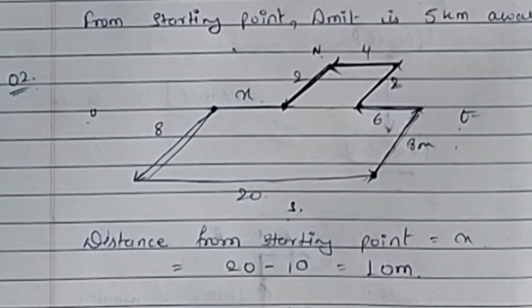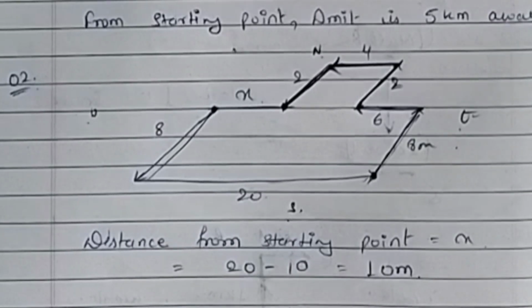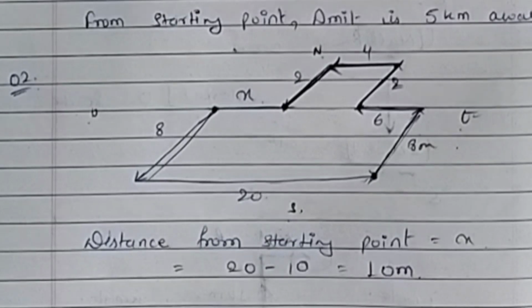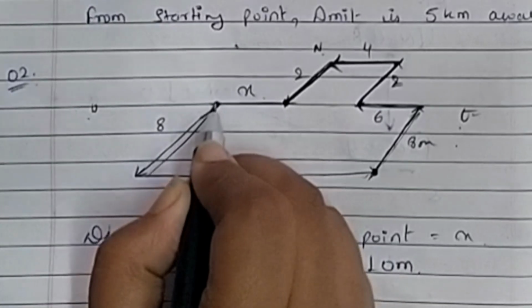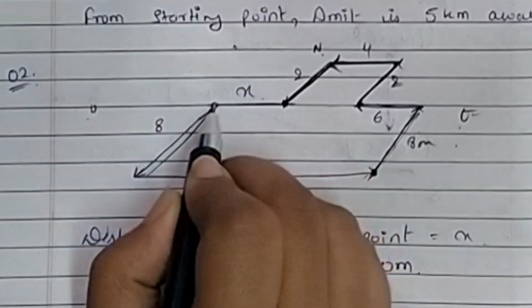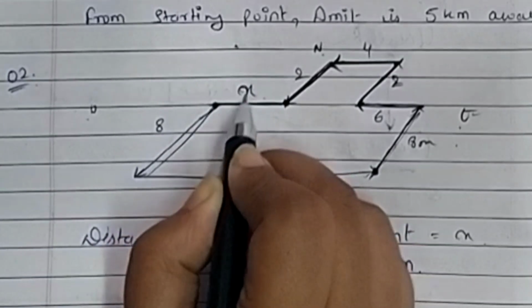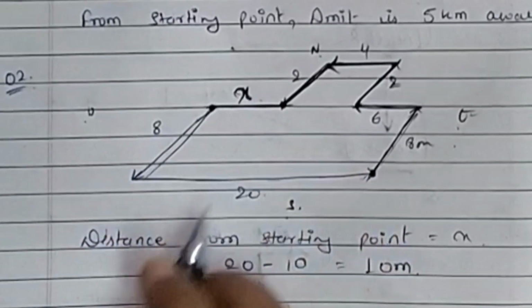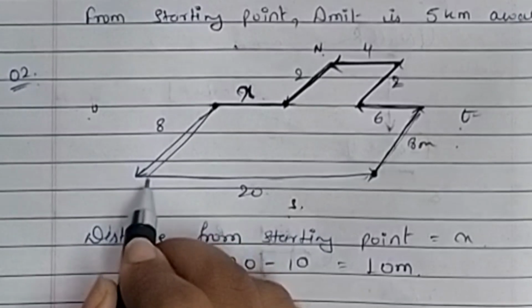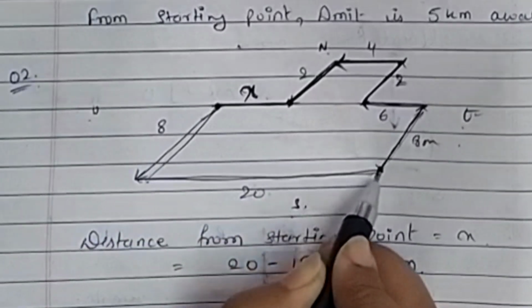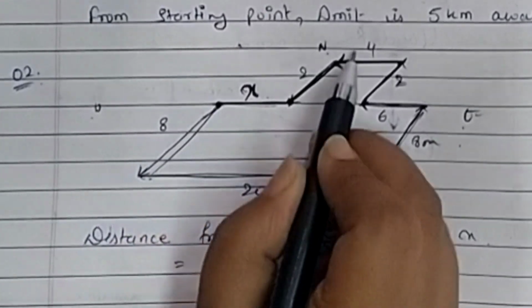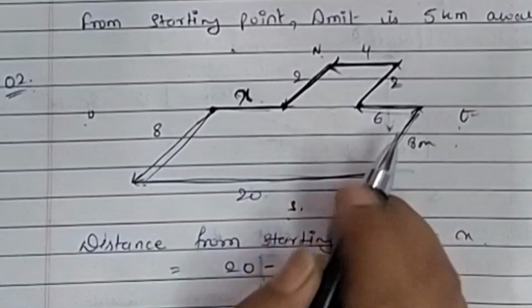Now we have to find how far he is from the starting point. It is very simple, because the starting point is here and he stopped here. So we have to find the distance between these 2 points, which we have assumed to be x. Now this will be equal to this plus this plus this.